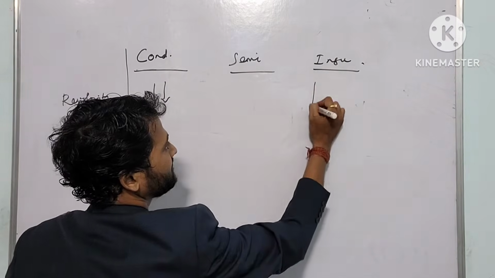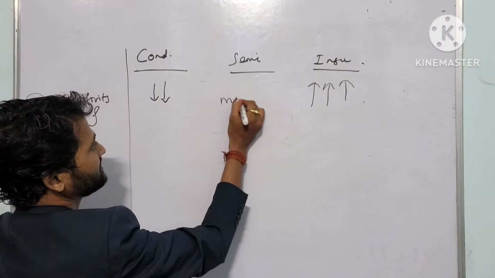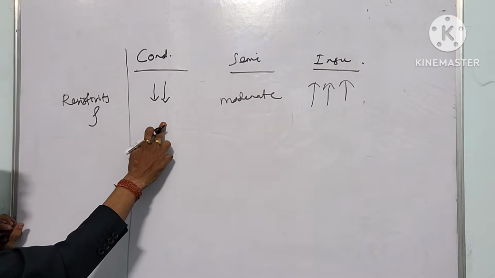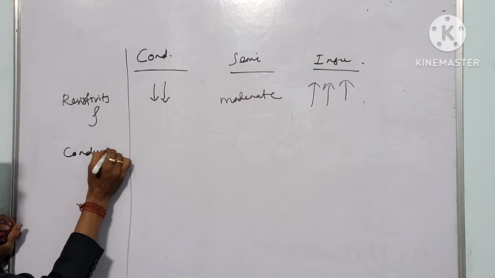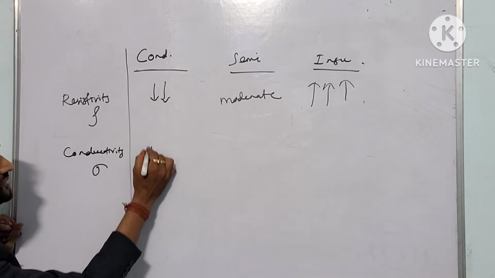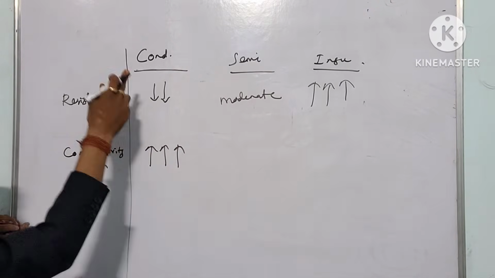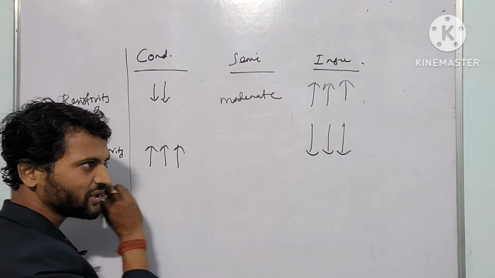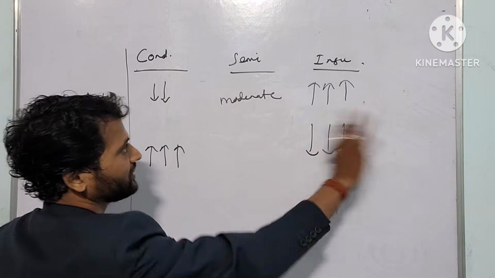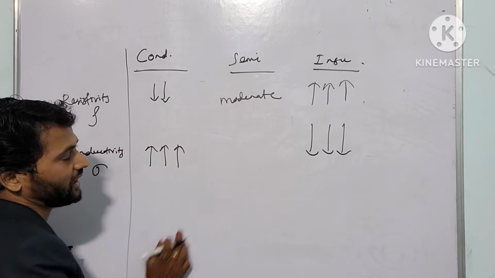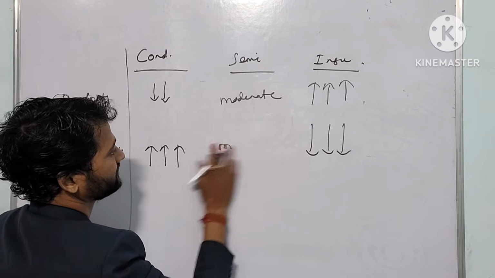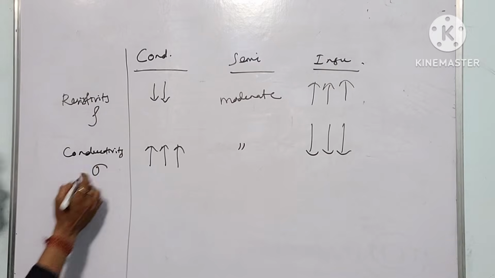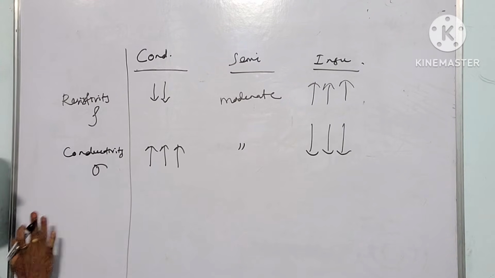On the basis of resistivity rho, the resistivity is very less in case of conductor and it is extremely high in case of insulator and it is moderate in case of semiconductor। Here if resistivity is less then you can say conductivity will be more because conductivity is inverse of resistivity, so conductivity will be more in case of conductor। In case of insulator it is very less, almost 0, current cannot flow, here current can easily flow and here the conductivity is moderate, मतलब little bit amount of current can flow in terms of milliampere or microampere, right, is it clear?